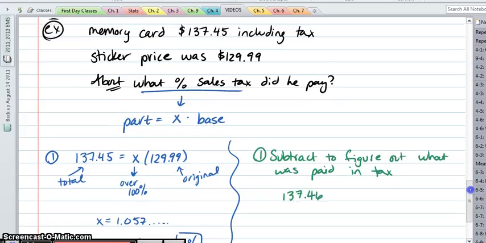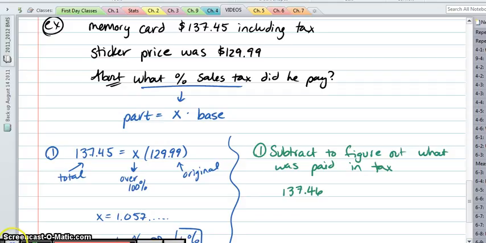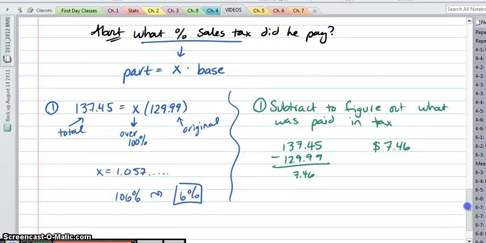Did I write 45 or 46? Oops, let me change this. Sorry. Okay, I'm going to subtract, and I will get $7.46.